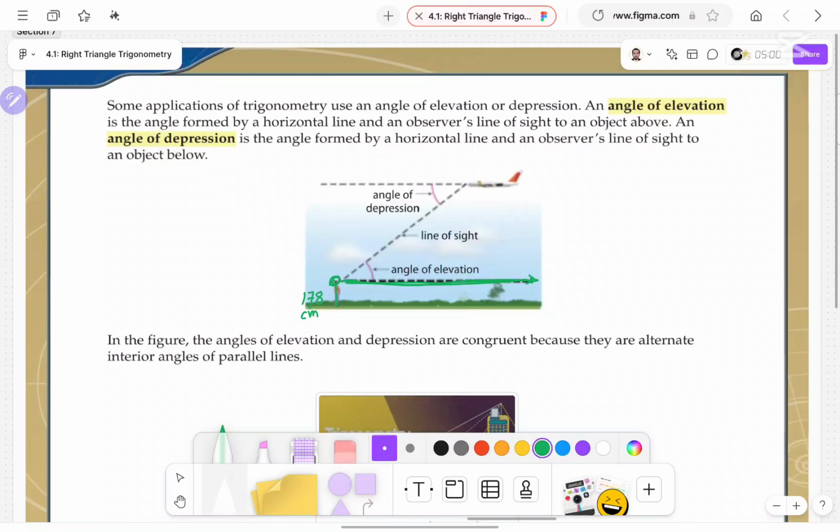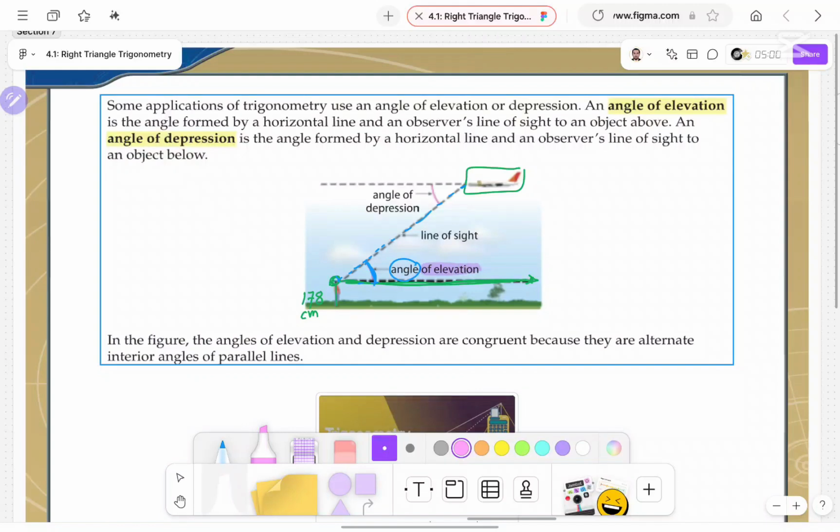Now, if you look at the airplane, when I just move my head up a little bit and I look at the plane, I create an angle from my straight sight line, and we call this angle the angle of elevation.